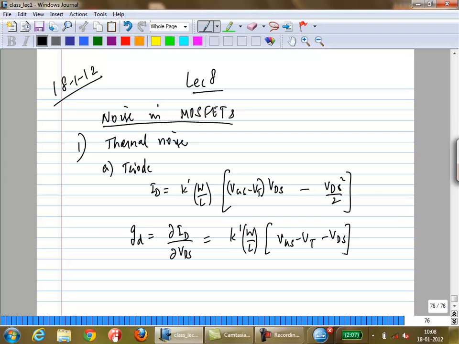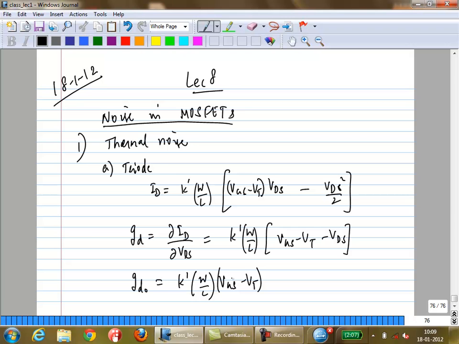K' W over L into (VGS minus VT minus VDS). Now for very small VDS, you can approximate the GD by GD0, which is the impedance around the origin. It's just K' W over L into (VGS minus VT). So remember that in the triode region, the MOSFET behaves like a resistor, at least for small voltages.